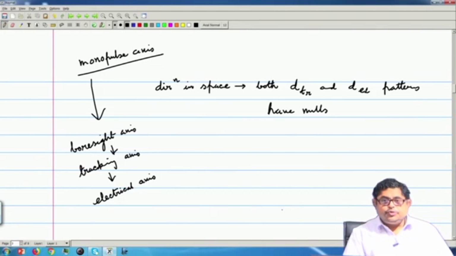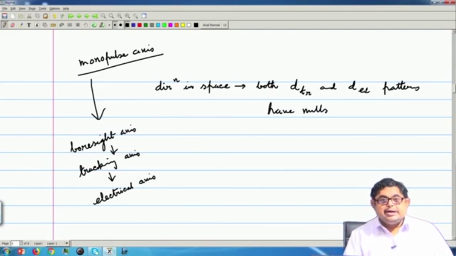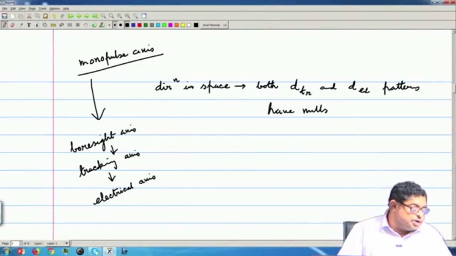Now, ideally the geometric axis, the axis of the parabola, and the electrical axis should be identical, but imperfections in the design make them slightly differ. So, in the calibration of antennas, which people call collimation, whatever slight difference is there in the readout is adjusted. That process is called collimation of the antenna.